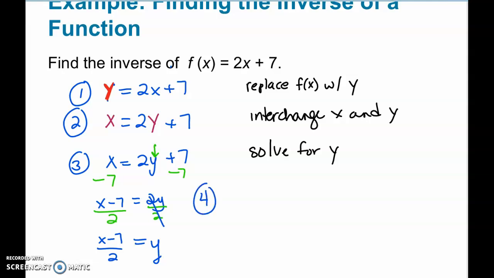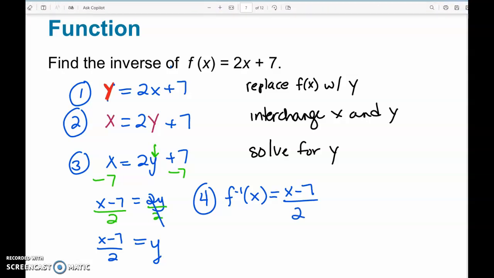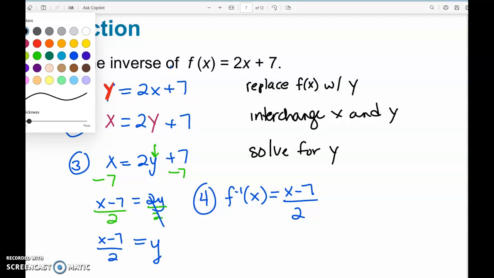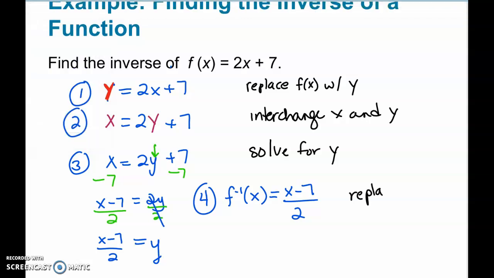Step 4 is to now take and replace the y, and I'm swapping the 2 sides. It doesn't matter which way you write it, but we're used to seeing the inverse notation on the left side, so I'll swap the 2 sides. And so in this step, I am replacing the y with that inverse notation.